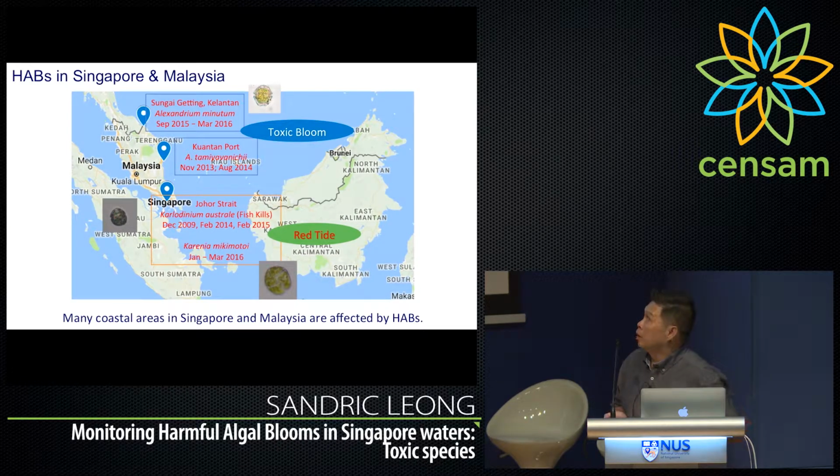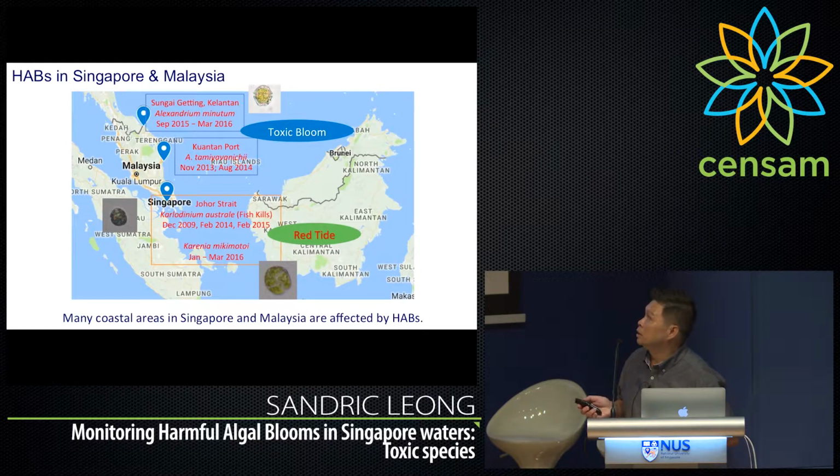In Singapore and Malaysia, we have many areas affected by this kind of harmful species causing blooms. For example, from late 2015 to early 2016, there was an extended bloom of a very toxic species in the northern part of Malaysia.